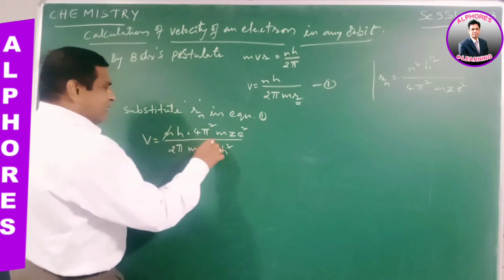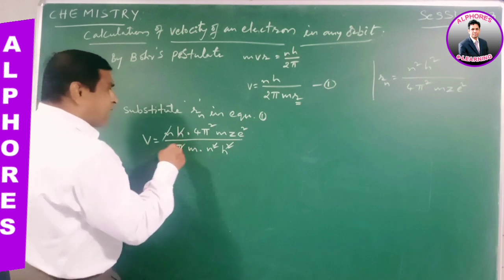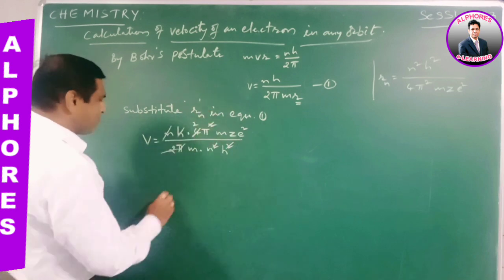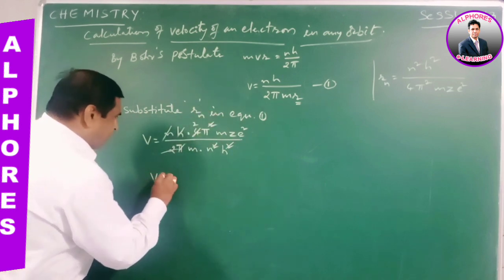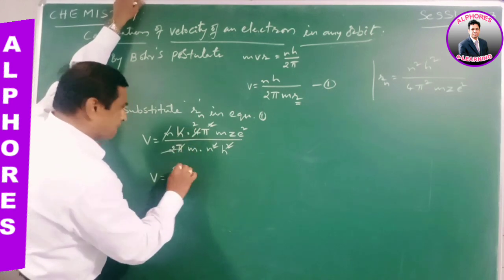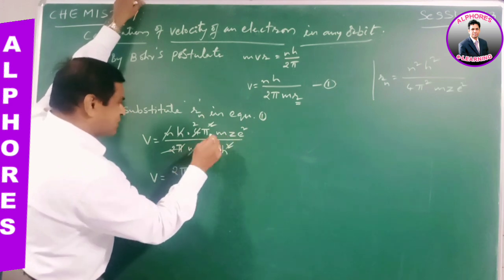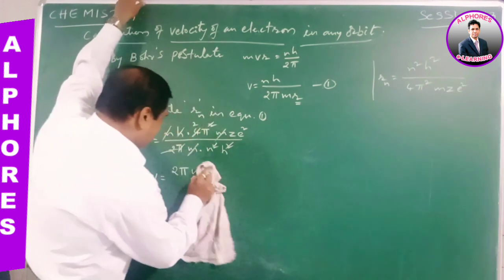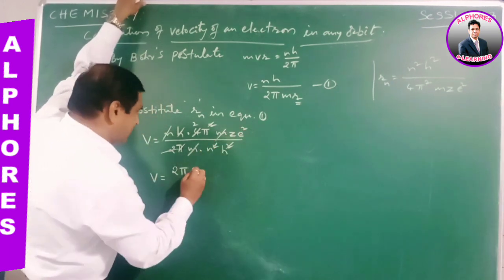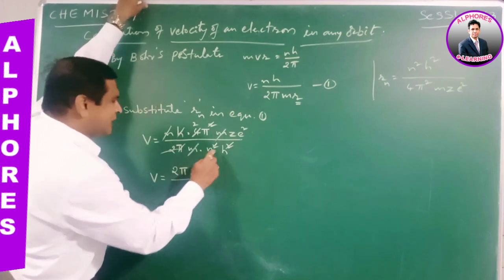Now cancel the similar terms. One n is cancelled, one h is cancelled, one pi is cancelled, and 2 to the 4 reduces. Yes, done. Now velocity is equal to 2 pi z e square, since m is cancelled, by nh.